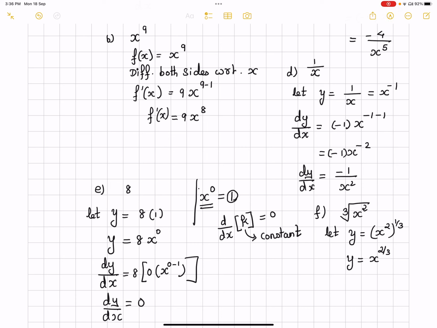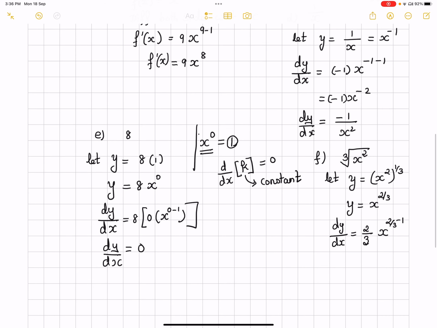When I differentiate both sides with respect to x, I get dy by dx is equal to 2 by 3 into x to the power 2 by 3 minus 1. N minus 1 is the formula based on that. So here I would have 2 by 3 into x to the power 2 minus 3 by 3, which is minus 1 by 3.